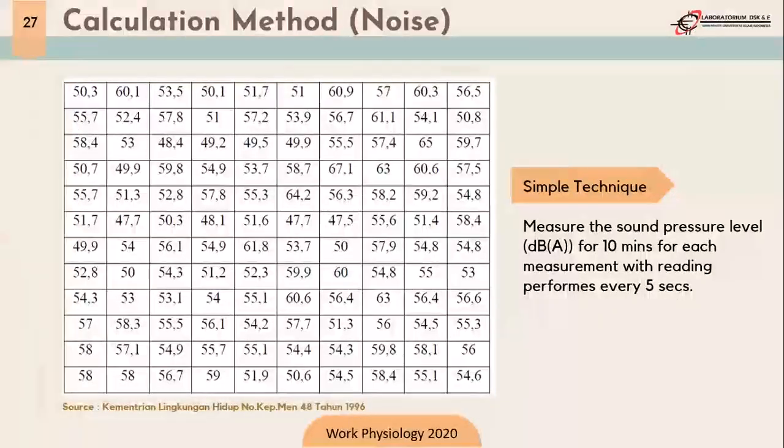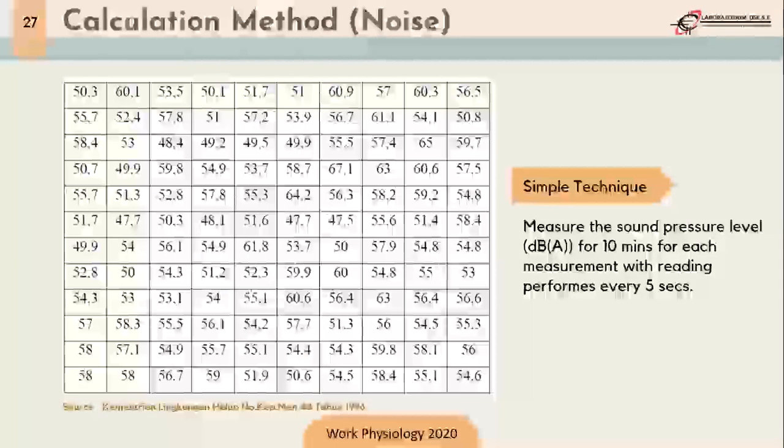Okay, we will move to the exercise section, especially the noise factor calculation method. In this tutorial, we will use this simple technique to collect the noise measurement data. We measure the sound pressure level in decibel A for 10 minutes for each measurement, recorded every 5 seconds. After that we will get the data like you see on the table.